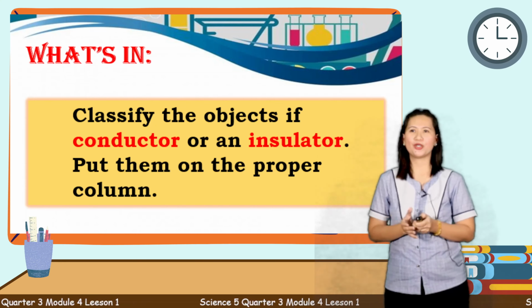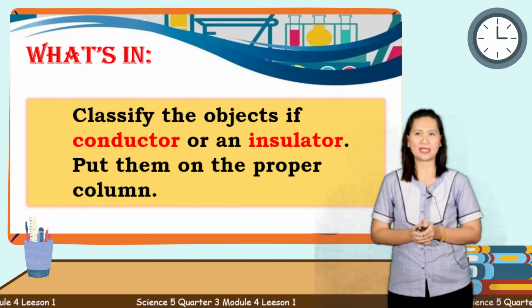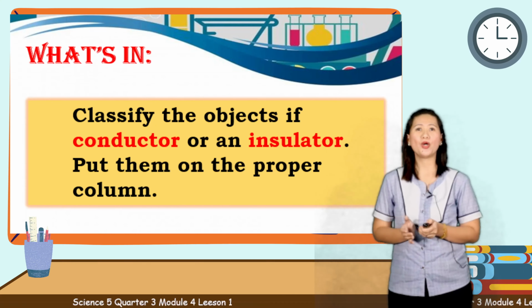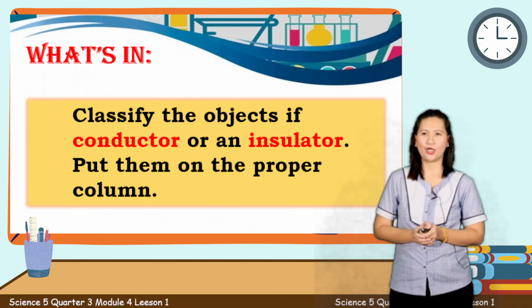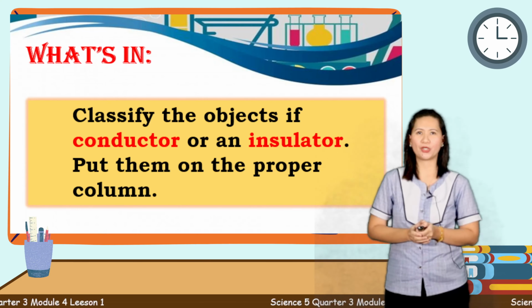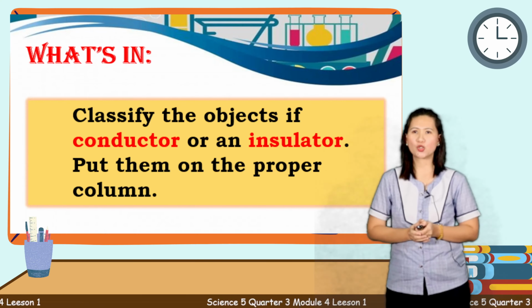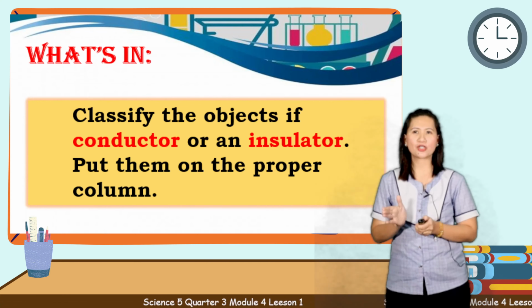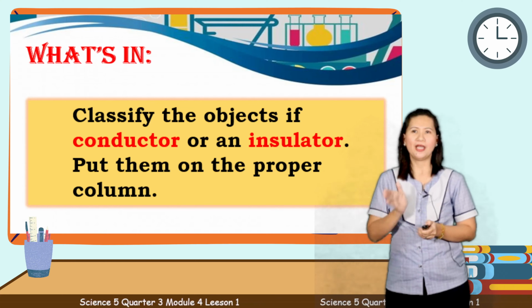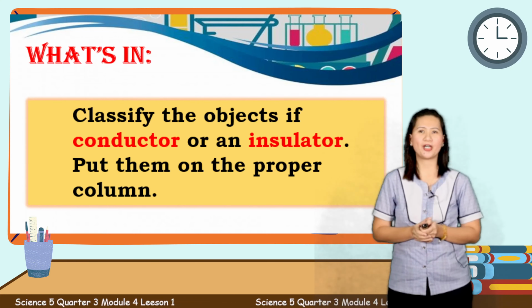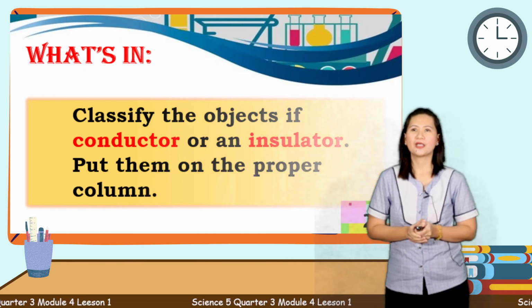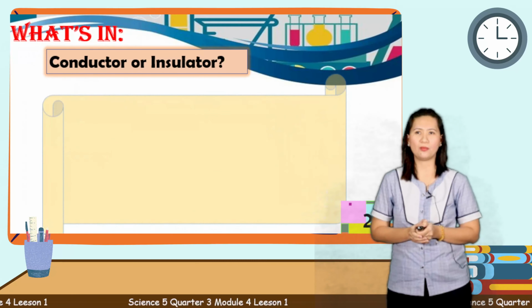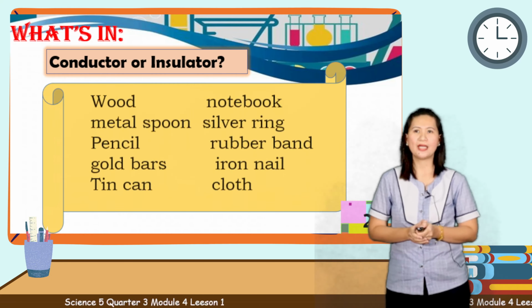This time, you're going to classify the objects if conductor or an insulator. So, put them on the proper column. You can make two columns. For the first column, it is for conductor. For the second column, it is for insulator. So, here are the objects that you are going to classify.